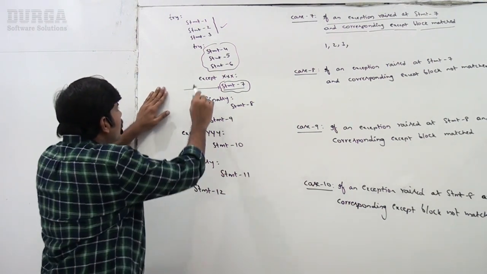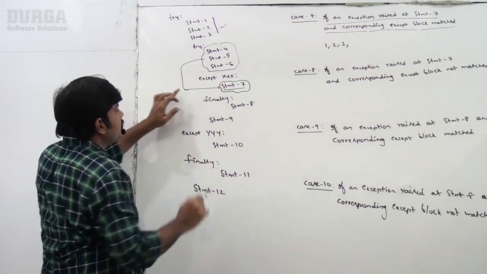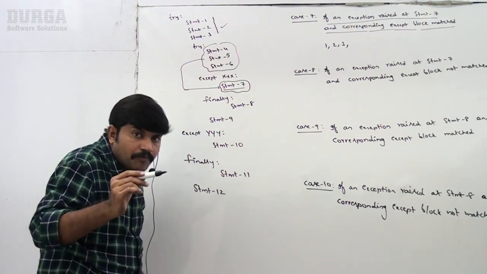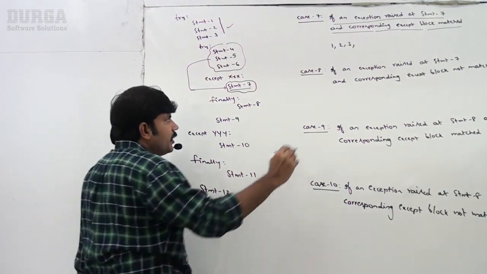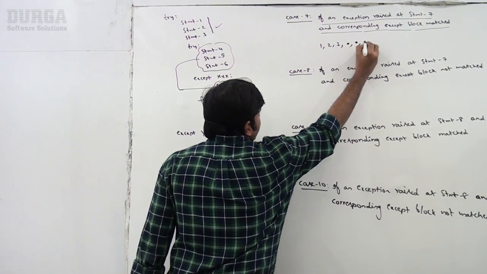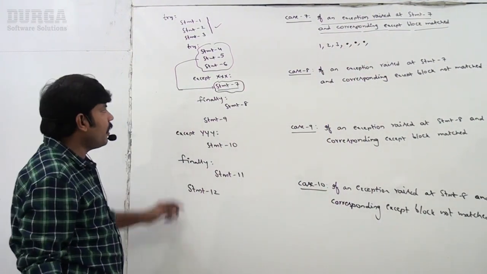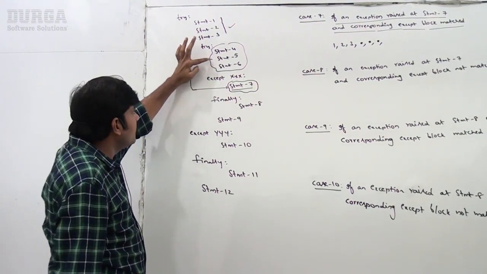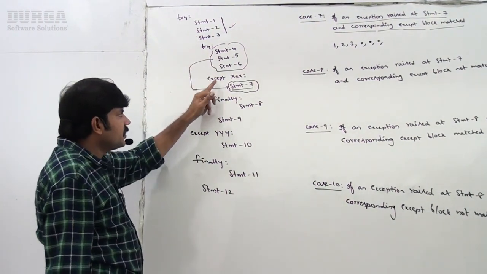Because of that, the control came to statement 7. So 4 may or may not execute, 5 may or may not, 6 may or may not. Maybe there is a problem at 4 or 5 or 6. Now the control comes to this except block.